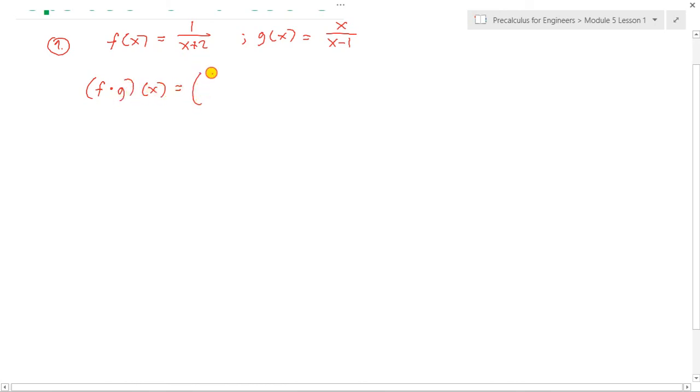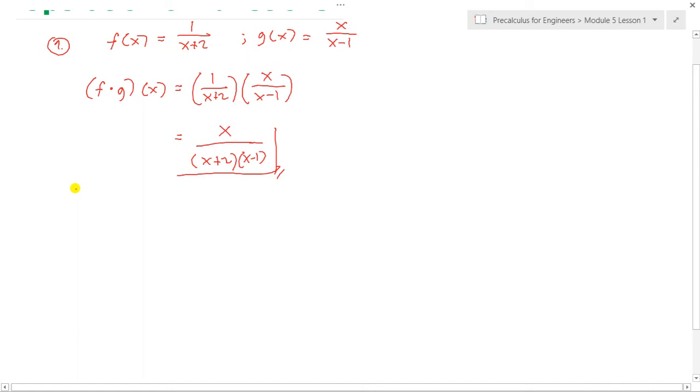That is equal to the product of these rational expressions, 1 over x + 2 and x all over x - 1. In multiplying rational expressions, just multiply the numerators and also the denominators. So we have x over (x + 2)(x - 1). Simple as that. This is now our final answer because we don't have any common factors in the numerator and the denominator.